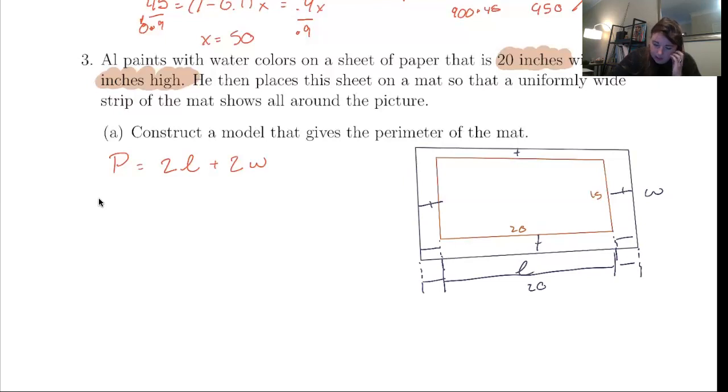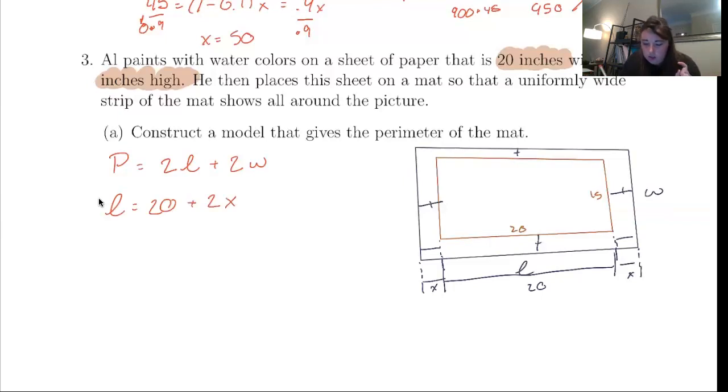I have 2X. Am I going to multiply that by the 20? That's X, and that's X. I'm going to add it, right? So my length is going to be 20 plus 2x.